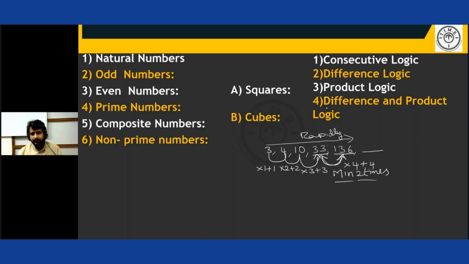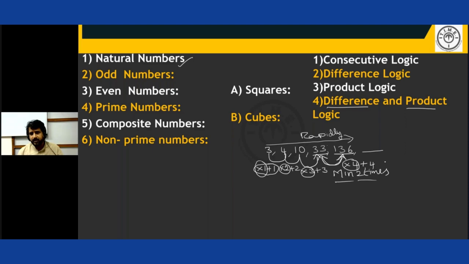Here comes difference and product logic applied together. In combination it is applied. Into 1 plus 1, into 2 plus 2, into 3 plus 3, into 4 plus 4. Again here comes the pattern. With which numbers are we multiplying? 1, 2, 3, 4. What are these numbers? Natural numbers.